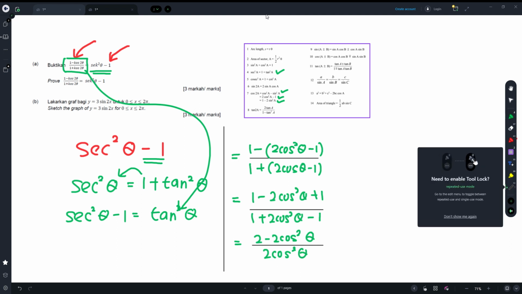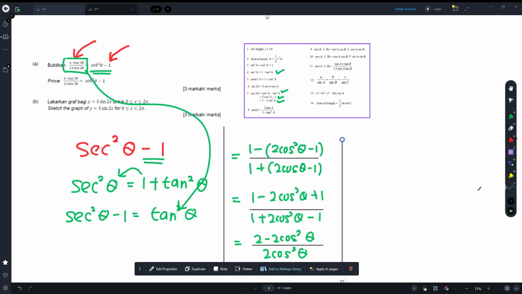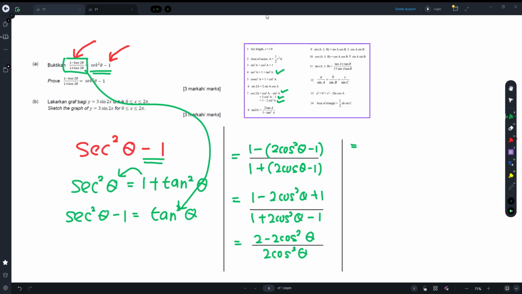In the next step, you factorize the 2. When you factorize the 2, you get 1 minus cos square theta over 2 cos square theta. At this stage, you can cancel the 2 and 2. What will be remaining here? 1 minus cos square theta over cos square theta.